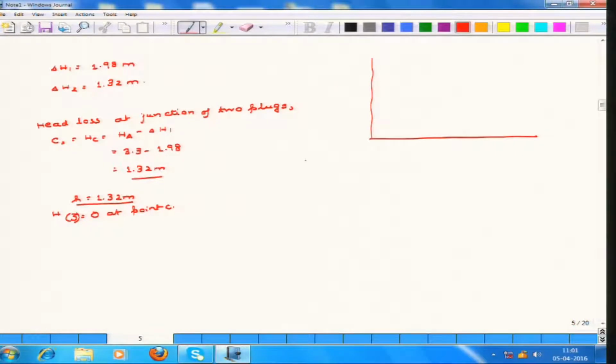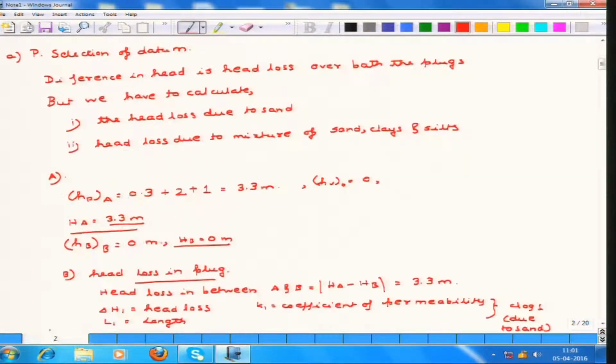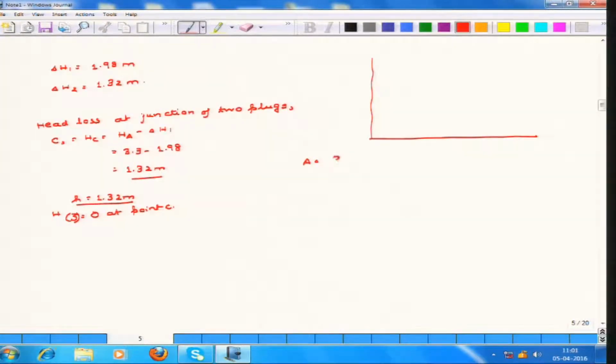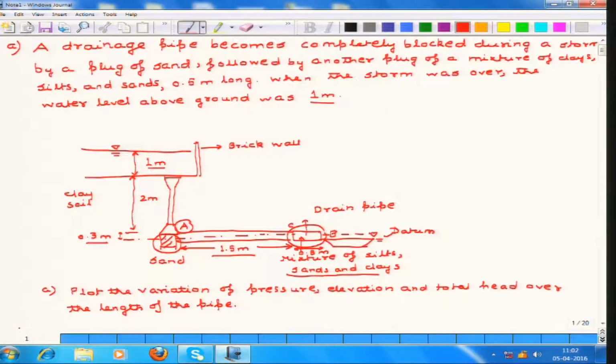Now, at A we know the head loss is equivalent to 3.3 meter, and we are starting from this point. So, the distance is 0 meter. At C we know the head loss is 1.32 meter, at a distance of 1.5 meter.